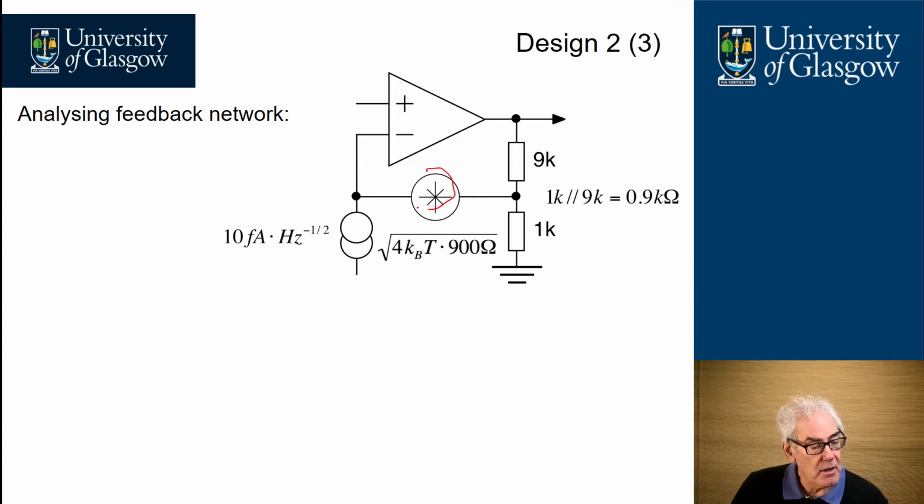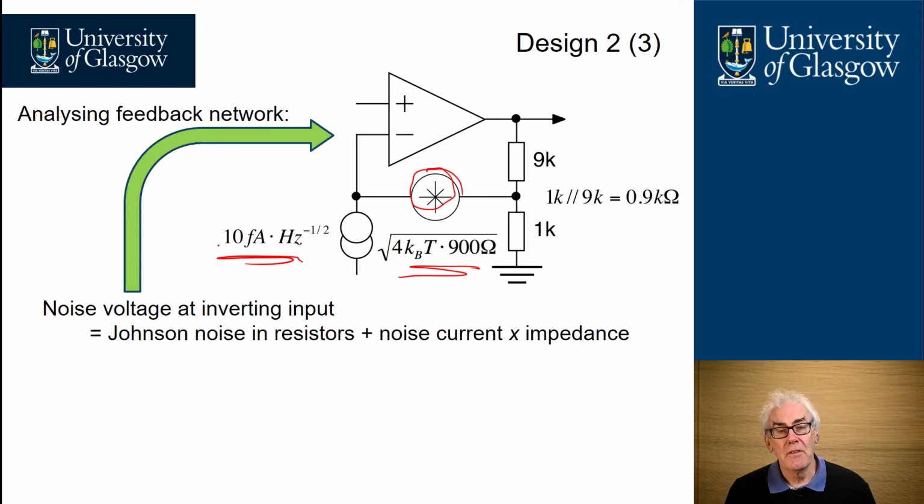So here we have a noise voltage source, which is in series with the resistance of 9K ohms in parallel with 1K ohm. So we have worked out a noise voltage equivalent of 4kT times 900 ohms. We also have a noise current flowing into the inverting amplifier. First of all, what we want to do is work out the total effective noise appearing at the inverting amplifier input.